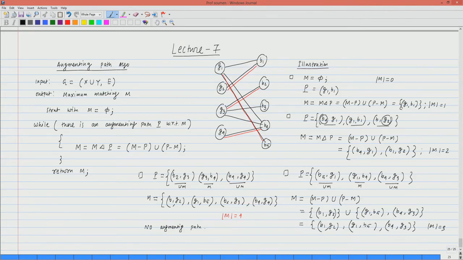So, since all the girls are matched, there is no augmenting path with respect to the current matching M. So, you stop here. Okay. So, this is the end of this algorithm, and we have explained the augmenting path algorithm with respect to one example here.